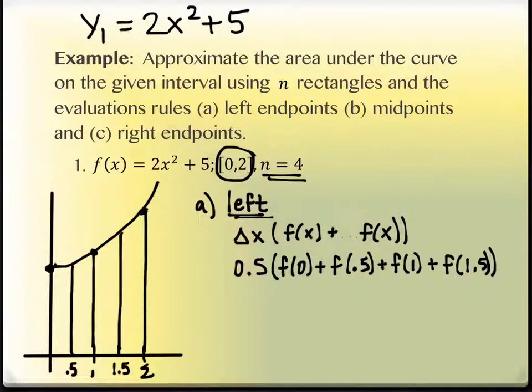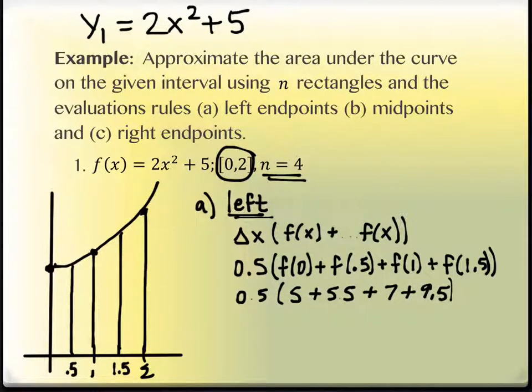All right, so one way to do this is to use your table and to just plug in 0, 0.5, 1, and 1.5, right? Let's do that one first. Okay, so what do you get at 0? That's 5. What do you get at 0.5? 5.5. Okay, and at 1? 7. And 1.5? 9.5.